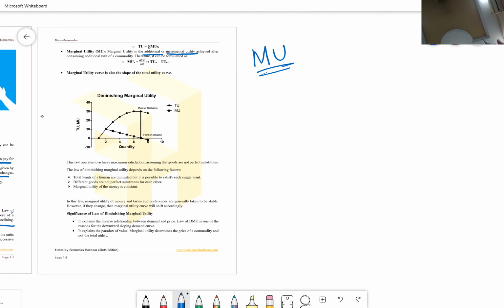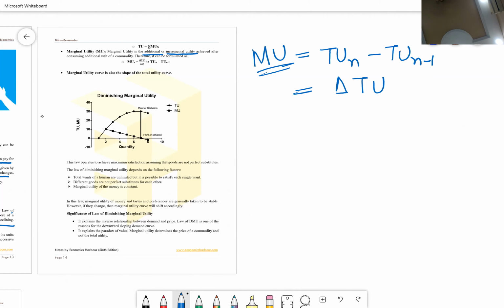So it is expressed mathematically as TUN minus TUN minus 1, or it can be further written as a change in TU, right? If you're taking one additional unit.